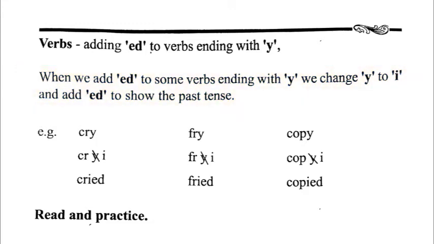Okay children, so you know what a verb is. Now you should know what past tense is, present and past tense. I have explained this in my previous lessons. Now they are telling us that if the verb ends with y, we change the y to i and add ed, like in the word cry.